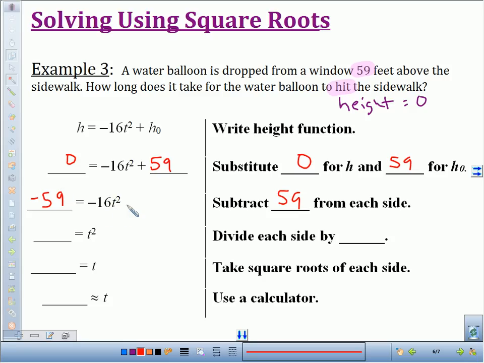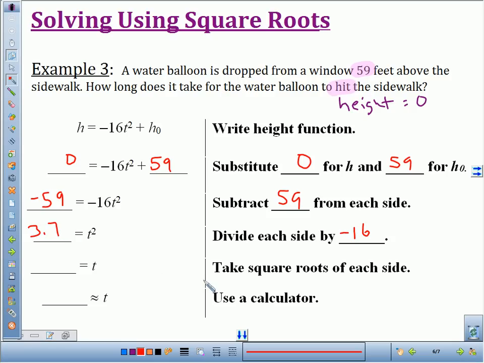So here we're going to divide each side by negative 16, and if I divide negative 59 by negative 16, I should end up with about, and this is going to be a fraction, I'm just going to round it, about 3.7.